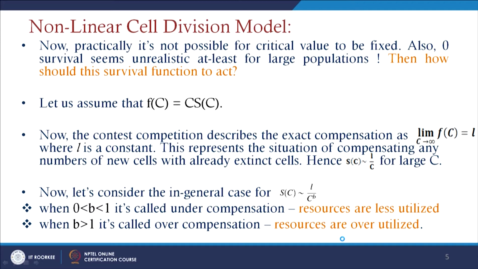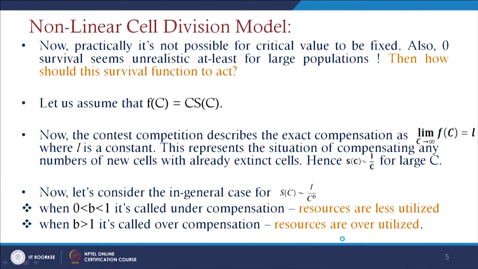If we take the limiting condition, this means an infinite number of cells are present, and we get a constant level. This represents the situation of compensating any number of new cells with already extinct cells. Hence, S(C) can be approximated as L by C for large C.